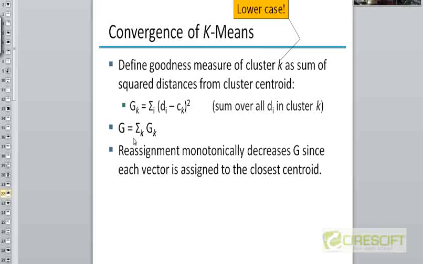Now here's the claim. The claim is that every iteration of the K-means algorithm will go on decreasing G. So if we can prove that every iteration of the algorithm will go on decreasing G, the algorithm has to converge, because G cannot be reduced indefinitely. Sooner or later you will hit some value beyond which you can't go further.